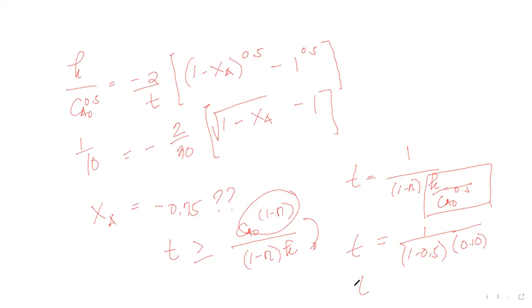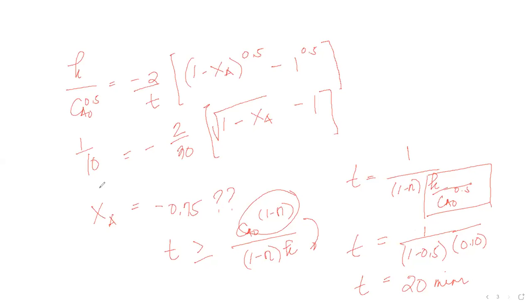So this time is equal to 0.5 times 0.1, and you take the reciprocal of that, that would be 20. So that minutes tells you that after 20 minutes, your reactant is already fully converted, or already fully consumed. The problem is asking us for conversion at 30 minutes, or half an hour.